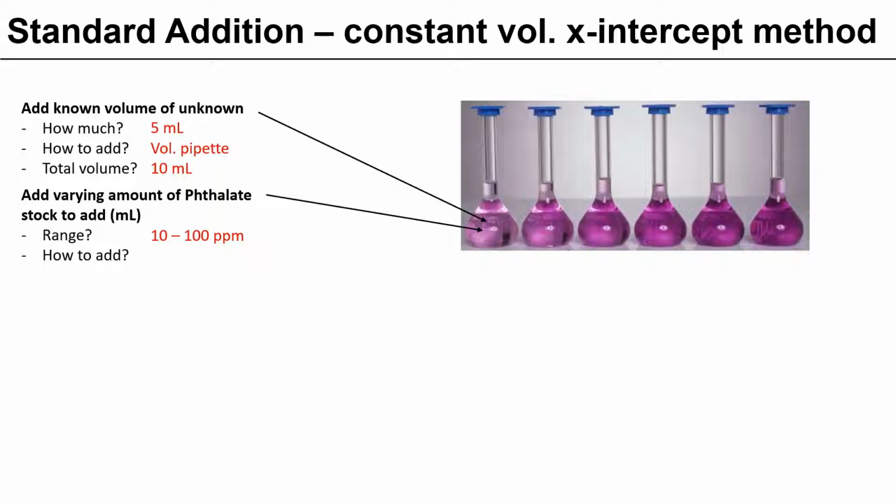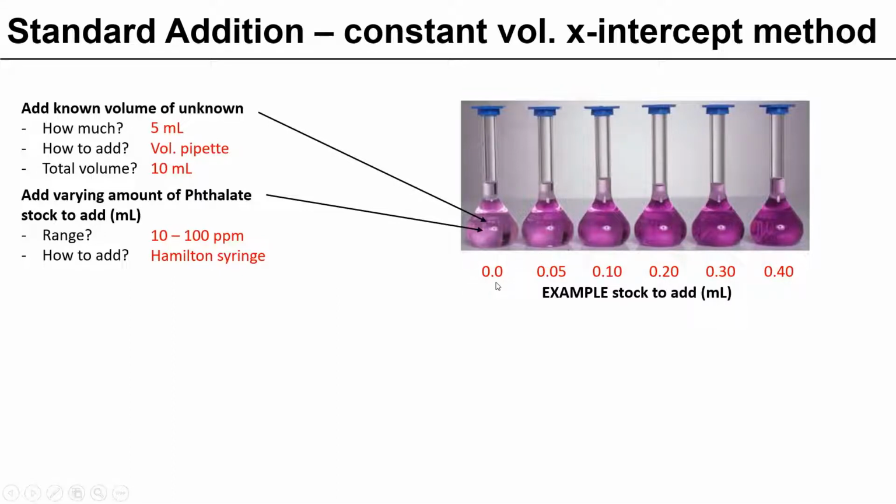And how are we going to add our stock? We have those Hamilton syringes available. So an example here of the amount of stock that we want to add on top of our 5 milliliters of unknown sample. We always want to have a 0.